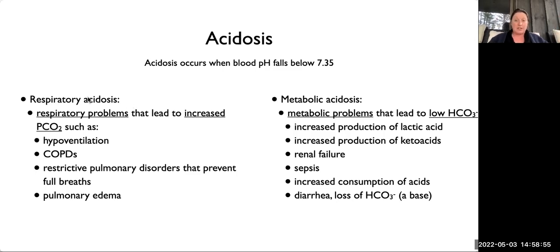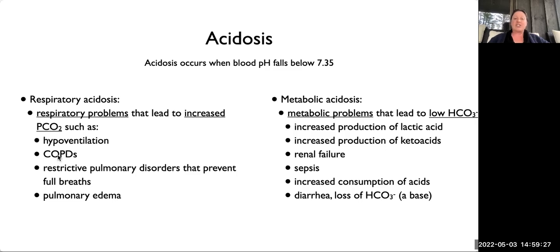Respiratory acidosis. This means that the respiratory system is responsible for causing the problem. It can be due to anything that increases the partial pressure of carbon dioxide in our body. What could that be? Hypoventilation, not breathing, holding your breath, diving and not getting up to the surface in time. The CO2 is building up and building up and building up because the metabolism in your body is continuing, but you're not getting enough of it out.